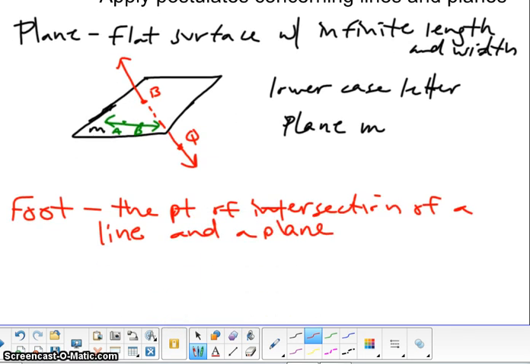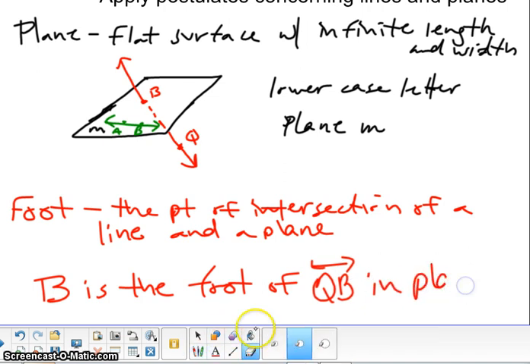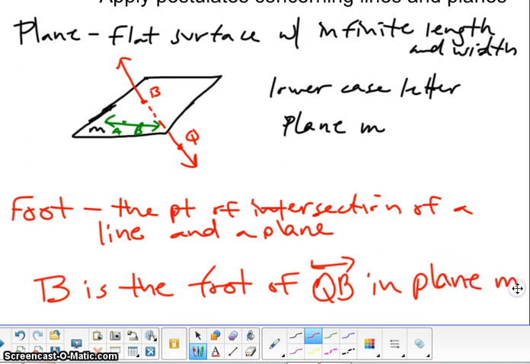So in this picture, we would say that B is the foot of line QB in plane M. So you're describing where the line is and what plane it is going through. If you know those basic concepts, then the rest will fall into place.